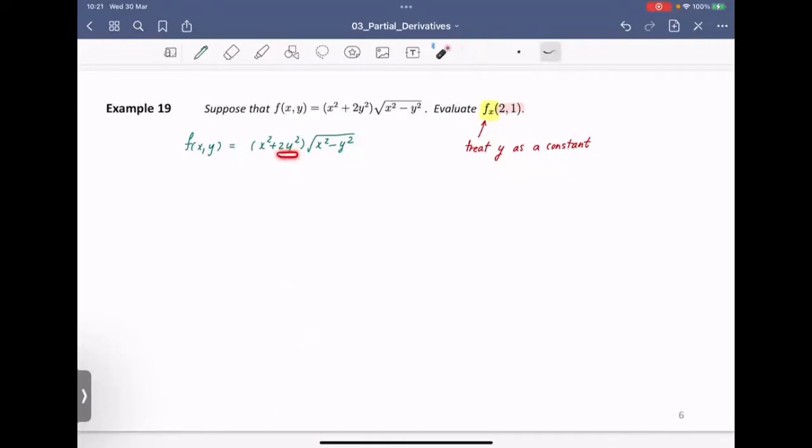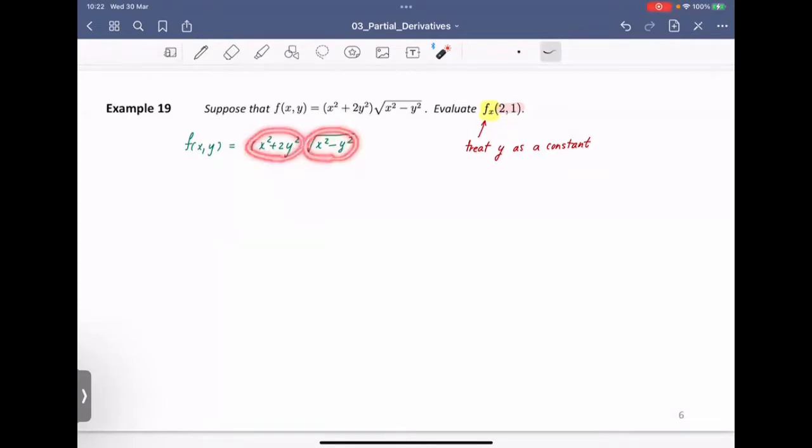So 2y squared is constant, right? And then minus y squared is also constant. So your variable here is just x. There's no way that you can differentiate without using the product rule, right? Because you have this thing and this thing, two things multiplied together.